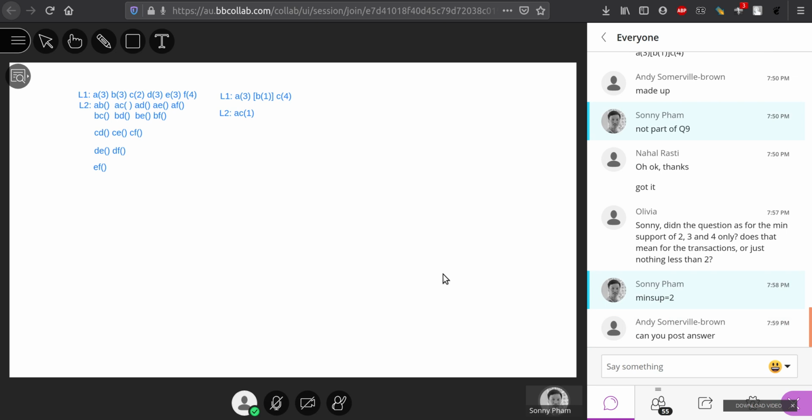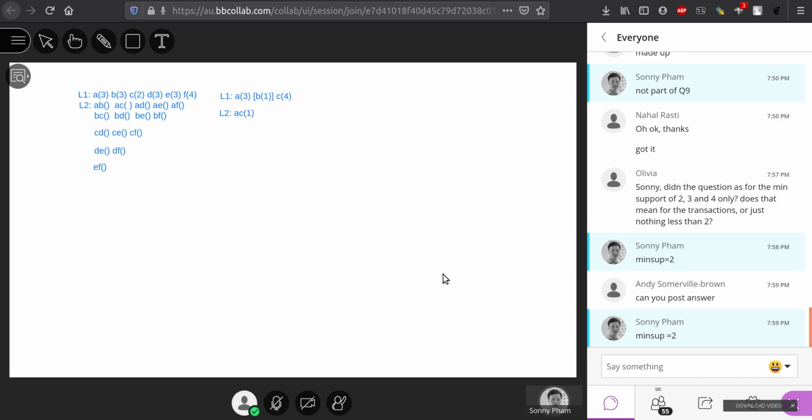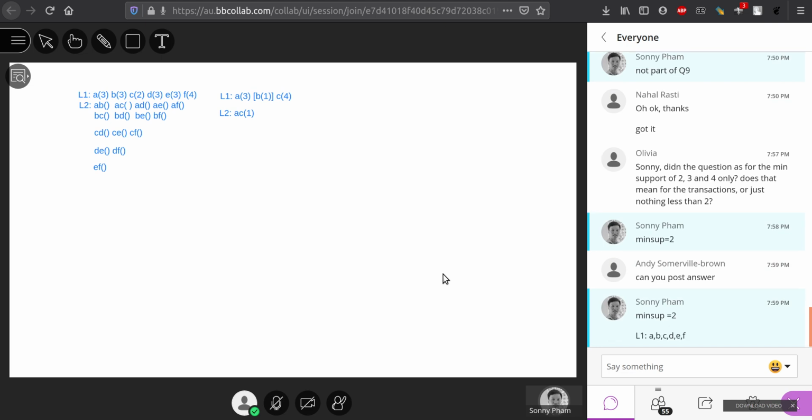I'm working on the min sup equal to 2. So at level 1, you should have A, B, C, D, E, F. No question about that because they are more than 2.